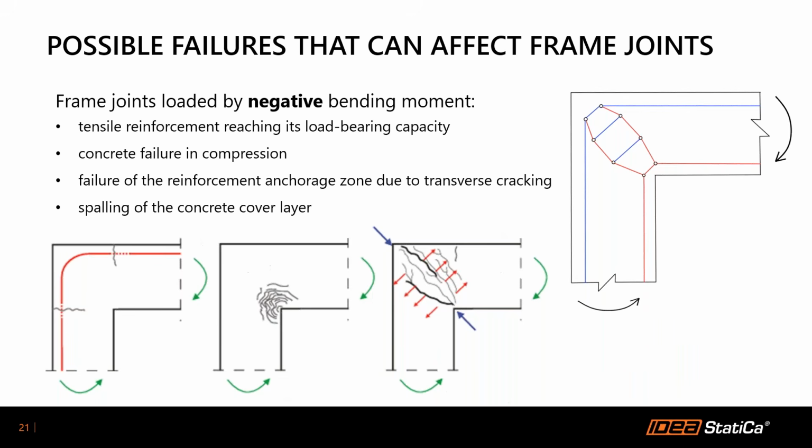In frame joints loaded by negative bending moment, there are several approaches that the engineer can choose when designing, for example, based on the strut-and-tie method.